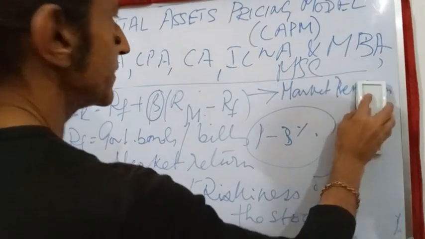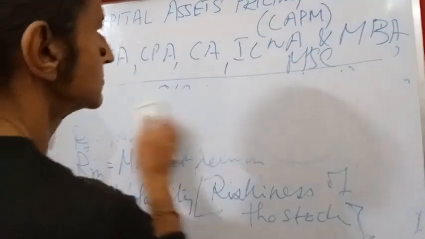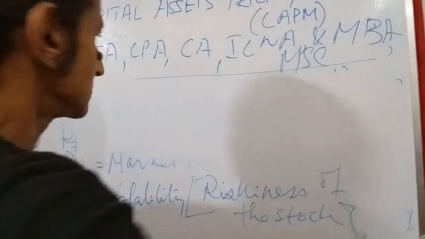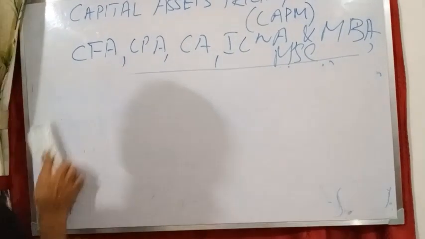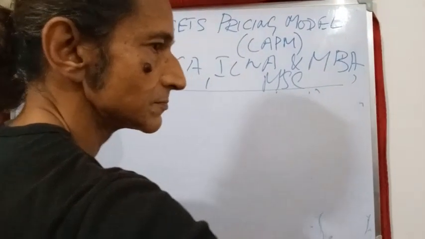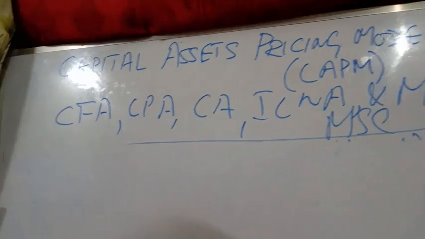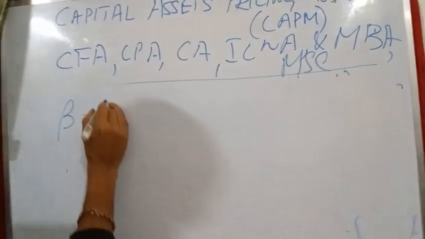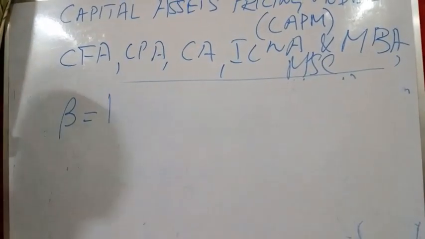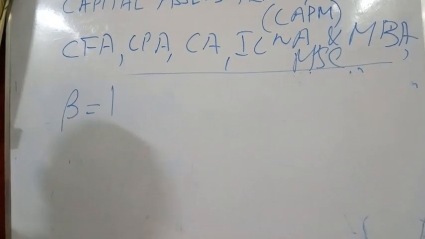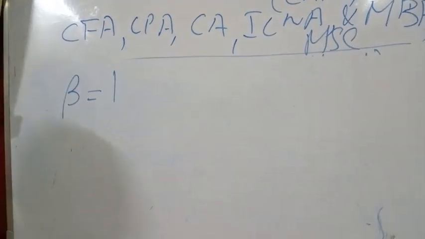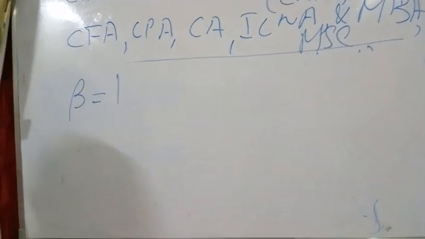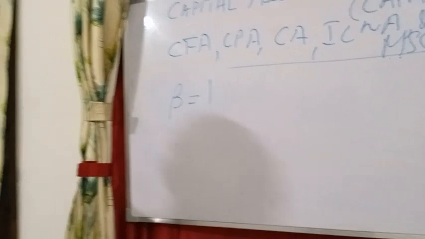Now I am erasing this part. If beta is equal to 1, this means the stock is exactly as volatile as the market. The stock moves in the same direction as the market moves.